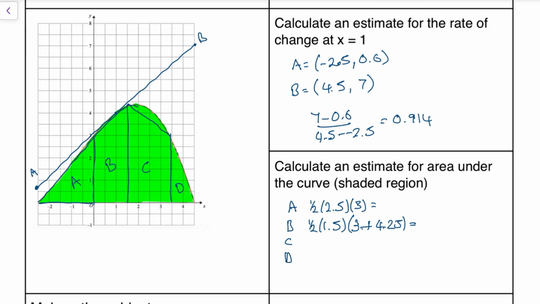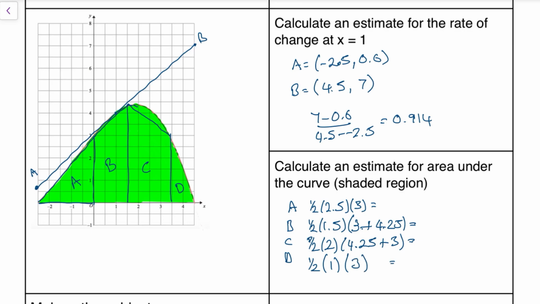C goes across by 2. So it's a half times the height, which is 2, times the numbers again, which is 4.25. Must be the same. Plus 3. And D is another triangle, so that's going to be a half times the width, which is 1, times the height, which I've just worked out, which is 3.